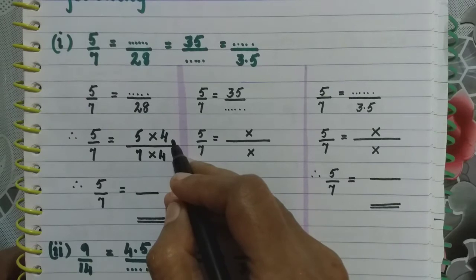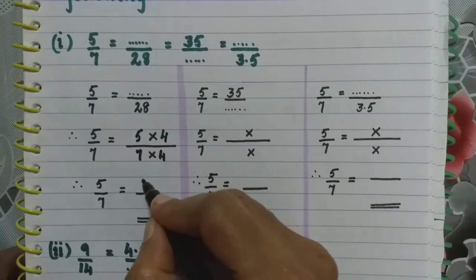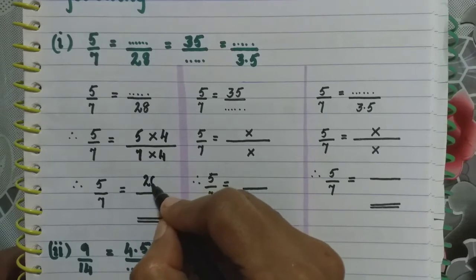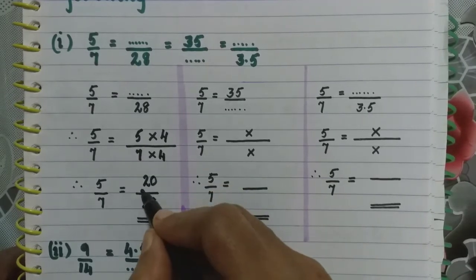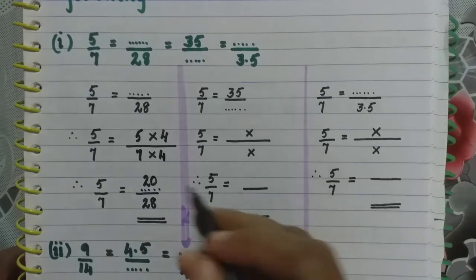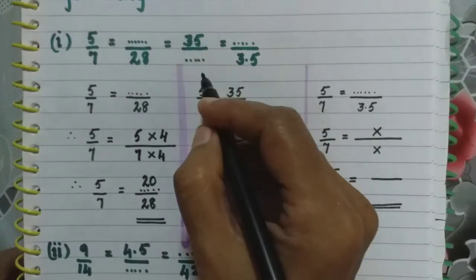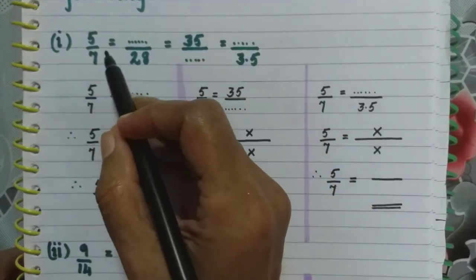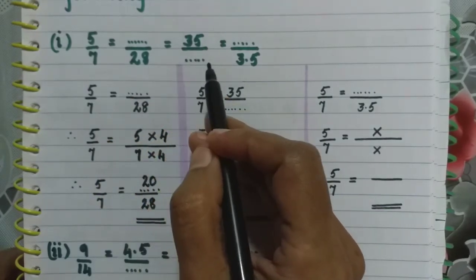5 into 4 is 20. 7 into 4 is 28. So you have here 20 upon 28. So the blank here is 20. Similarly, when we go to the next blank, here we have 35 upon dash.